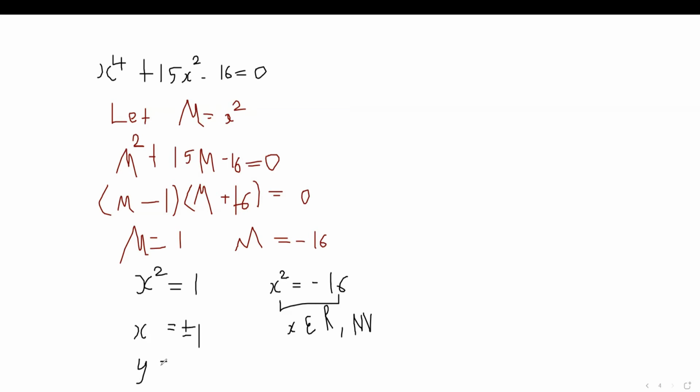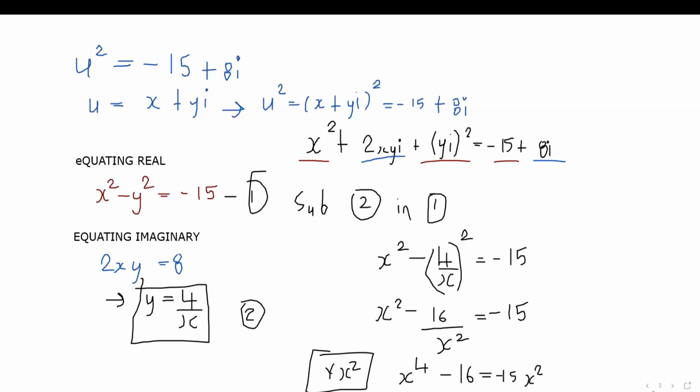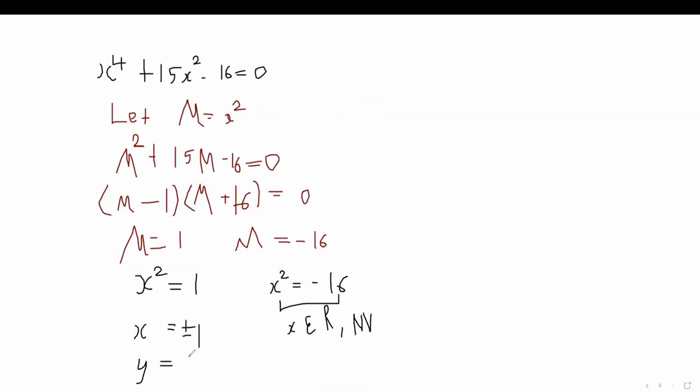Since x is plus or minus 1, remember y was 4 over x. So y is going to be 4 over 1, so y is plus or minus 4. All right, nice.